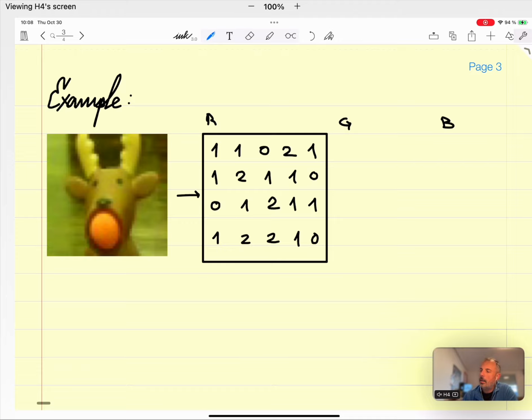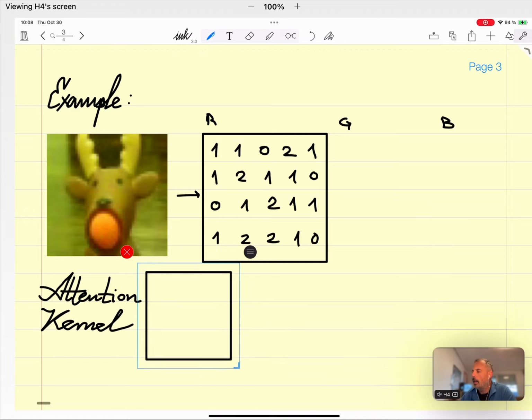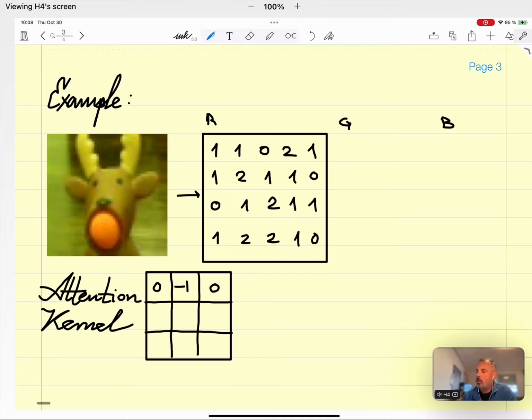Okay, so this is going to be our red pixels, and then we have an attention kernel, which could be something like this, 3 by 3: 0, minus 1, 0, minus 1, 4, minus 1, 0, minus 1, 0.